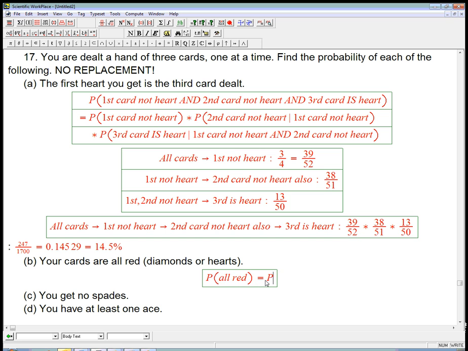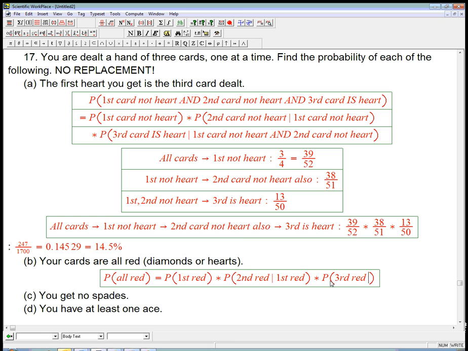The probability of all red is going to be the probability that the first is red, times the probability that the second is red given that the first is red, times the probability that the third is red given that the first and the second are red.